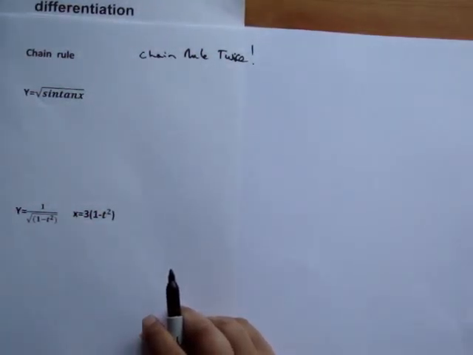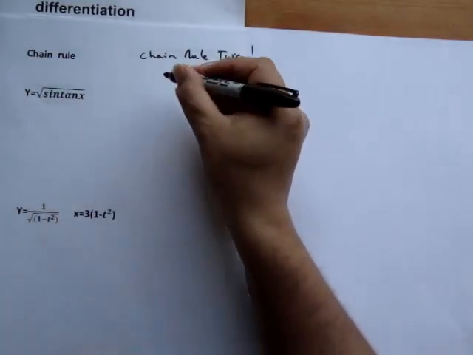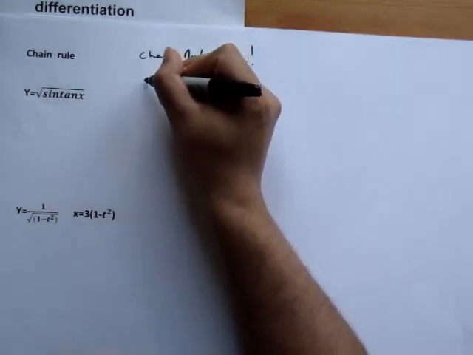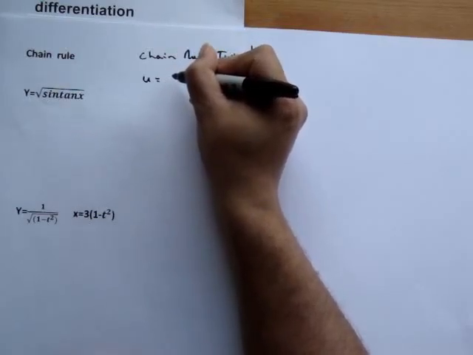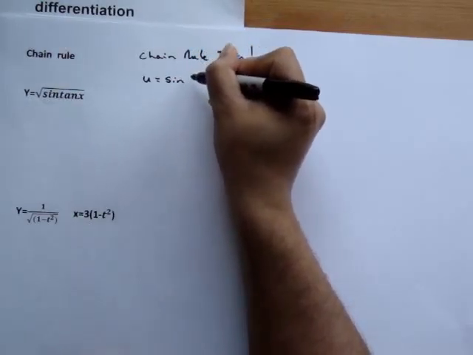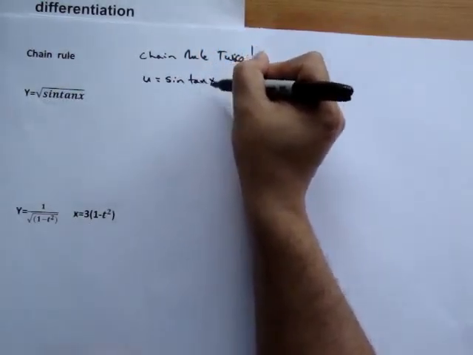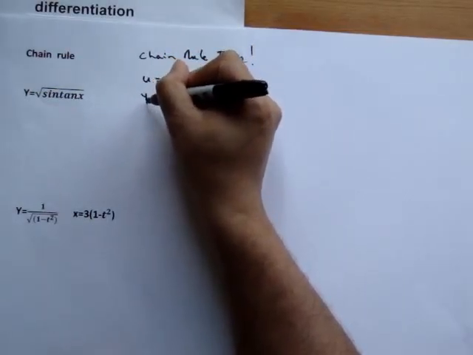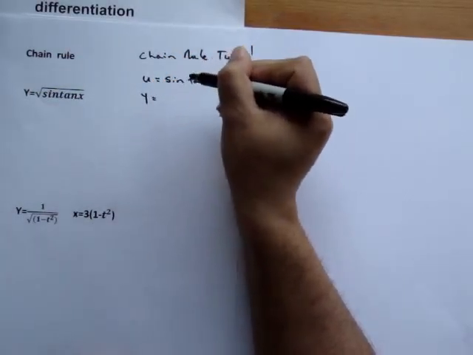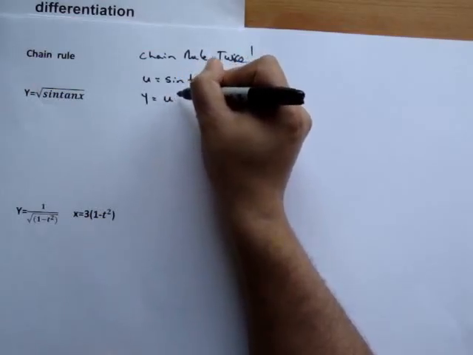So let's start with this function. We have u equals sine tan x, and y equals square root of u, which is u to the half.